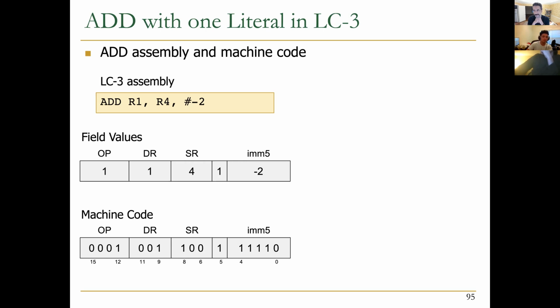You need to negate this, right? So you flip the bits and add 1. So that's -2, and you sign extend.